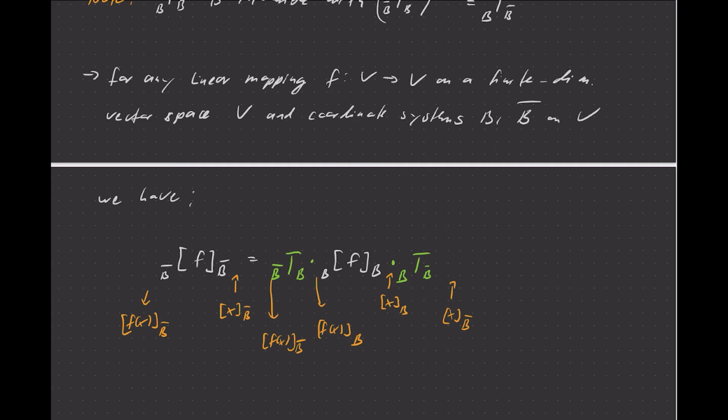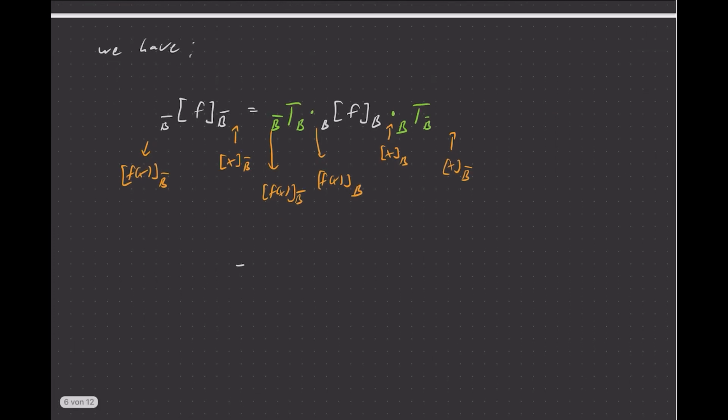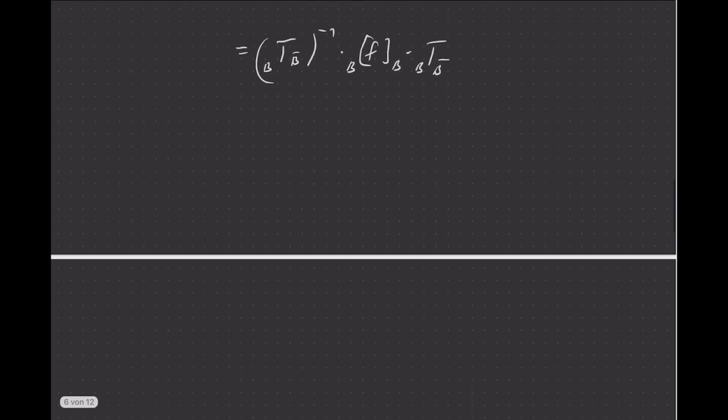And that means if we have this matrix here and want this one, then we just have to add these two transformations. And of course, you could also say this is the same thing as T B bar B inverse times f B B times T B B bar. Okay, that was pretty abstract, probably.